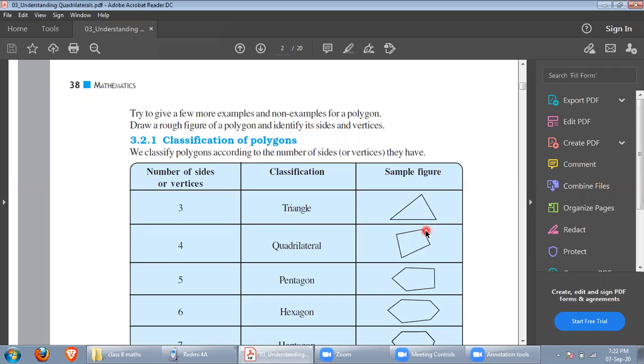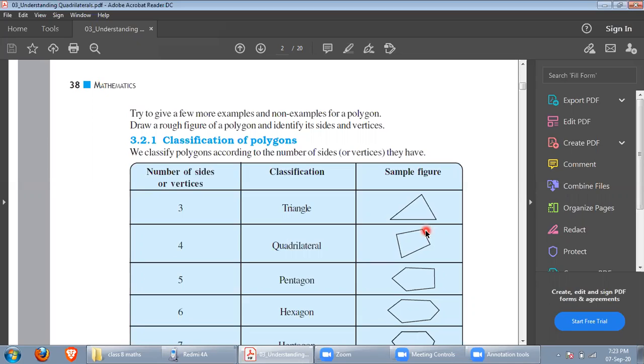Okay, Albert, you have drawn this. Okay, Albert, this will not. This one, okay, one by one. This is made up of line segments. This is closed. Fine.